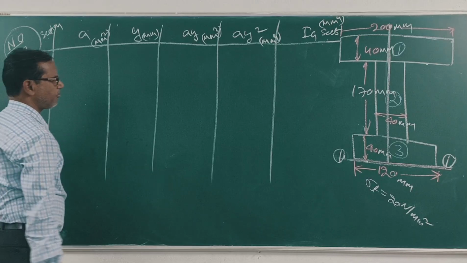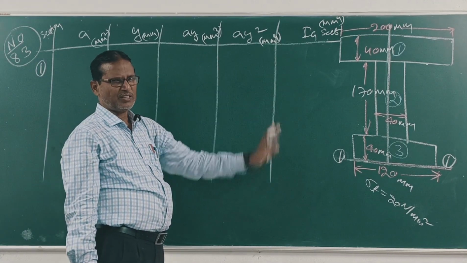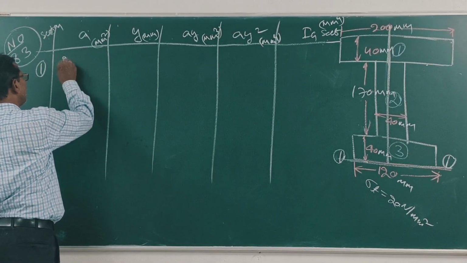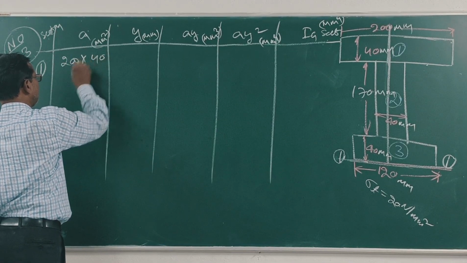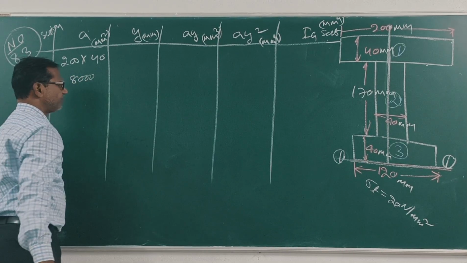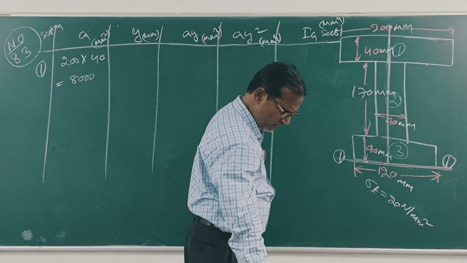Now section 1. What is the area? Length into breadth. Length means 200 into 240, 48,000 mm square. Clear?